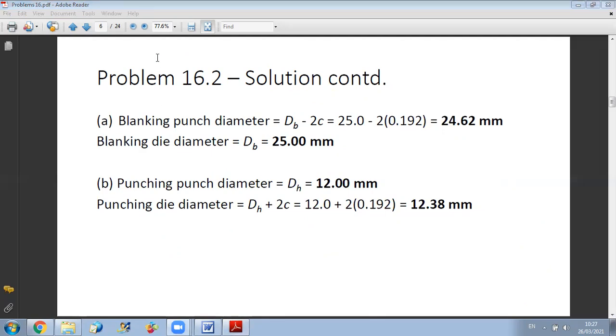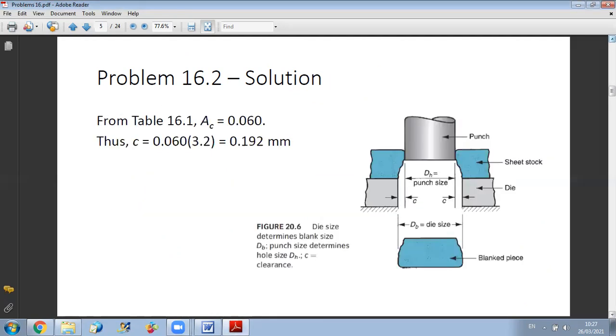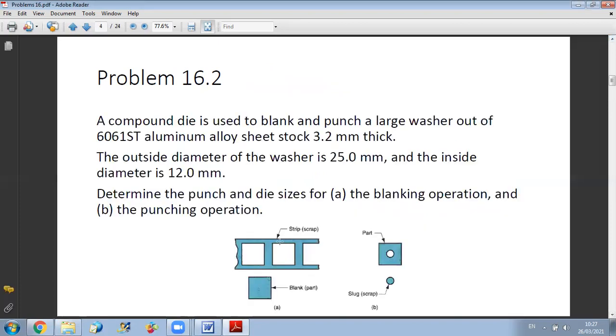On the other hand, for the punching operation, as we said, the punch size is determined by the hole, and the hole to produce here has a diameter of 12 millimeters. So in the punching operation, this will be the diameter of the punch. For the die size, we know that the die size is always larger than the punch size.